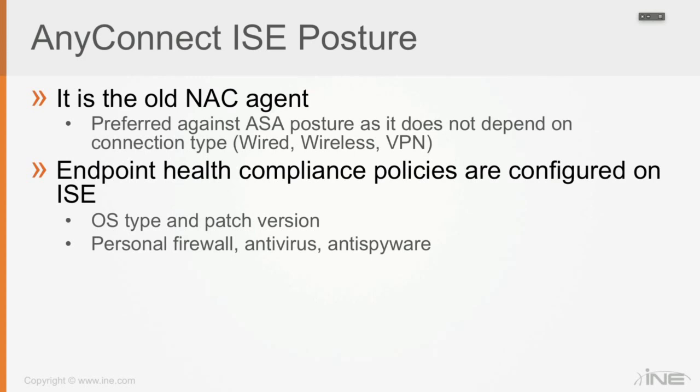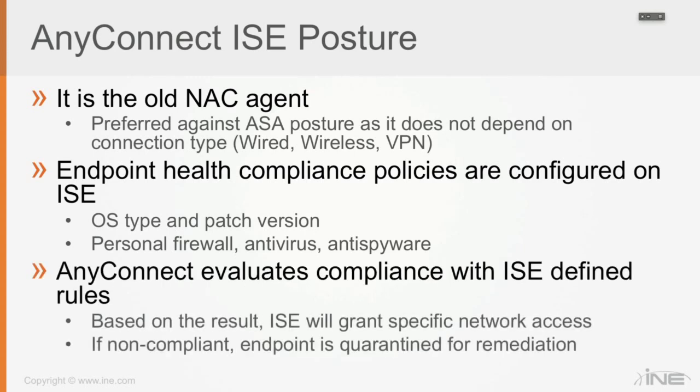So what happens is that you configure on ISE endpoint health compliance policies like OS type, patch version, firewall, antivirus, anti-spyware. A lot of other things are available as well. And when the user connects to the network, the AnyConnect ISE posture module scans the computer and evaluates if it's compliant with ISE defined rules. It's also going to tell ISE if the endpoint is compliant or not.